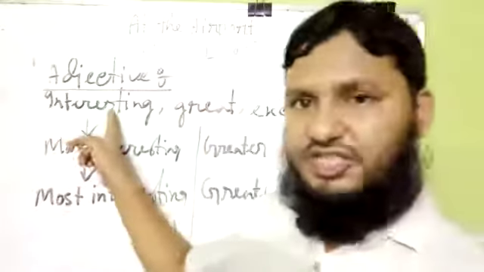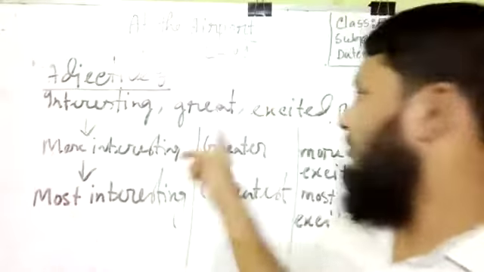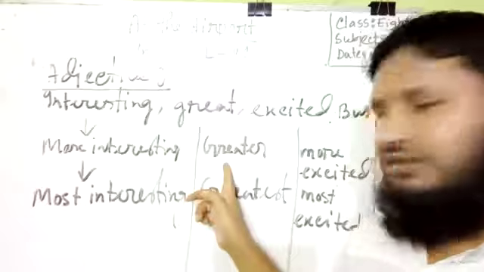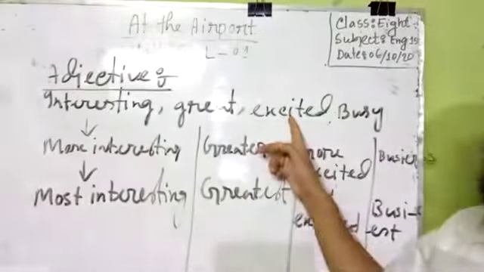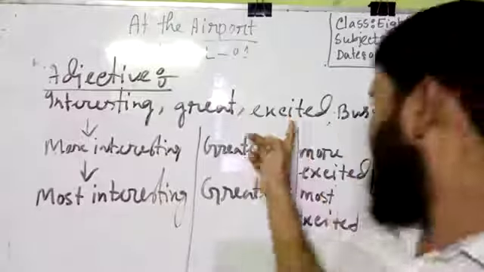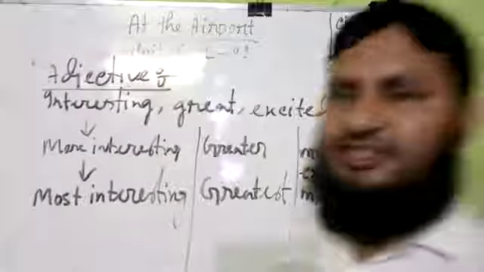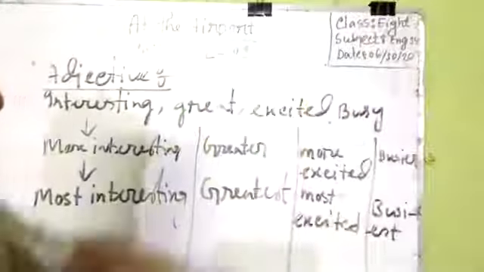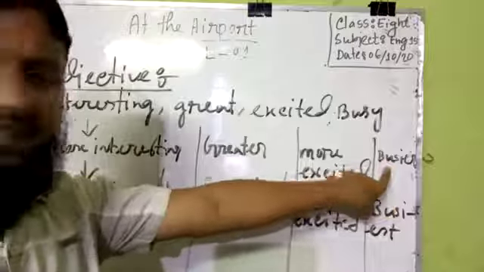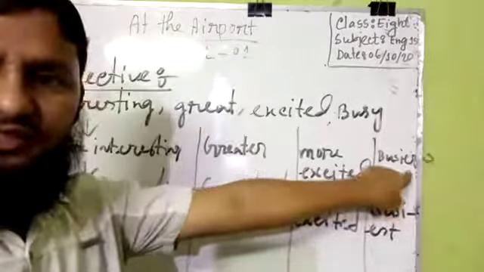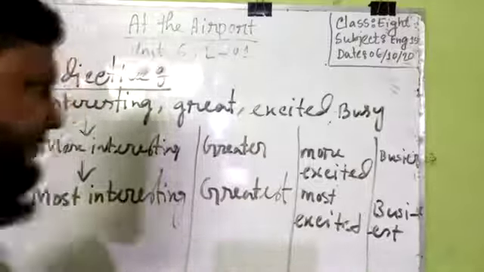For example, interesting, more interesting, and most interesting. Positive form great, greater, and superlative greatest. Then positive excited, comparative more excited, and finally superlative most excited. And at last busy, positive; comparative busier; and finally superlative busiest.